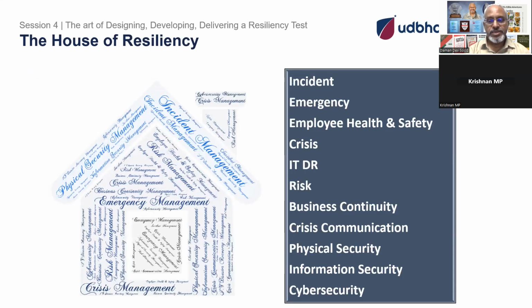To make it easy for ourselves, I have designed this house of resiliency. These are the walls, floor, and the roof of my house. There's a concept, organizational resilience also. There is an ISO standard for organizational resilience, ISO 22316.